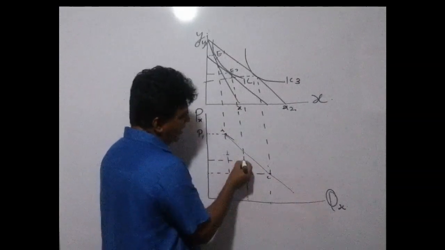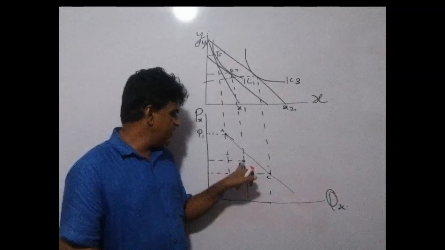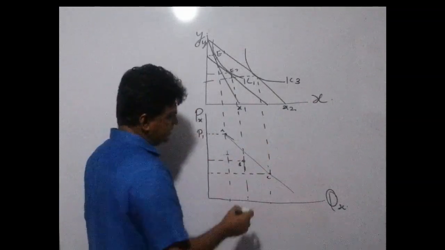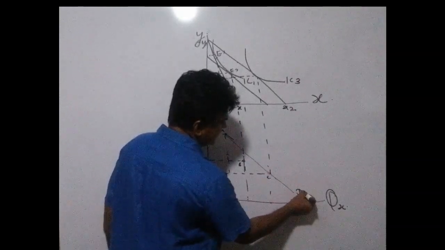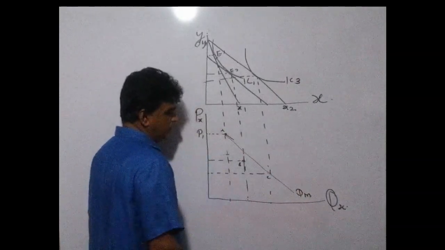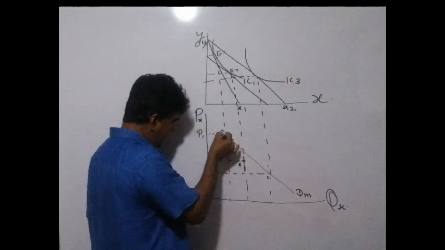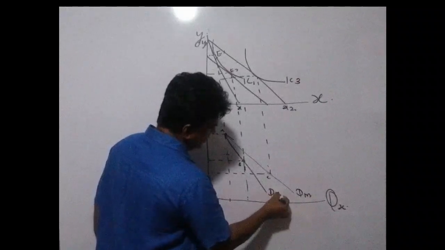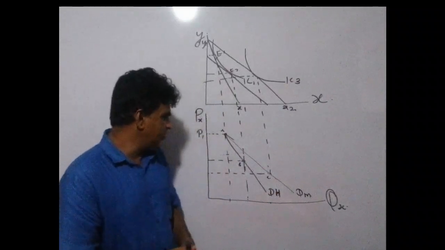In the Marshallian demand curve, point B is not available, it has been given up. That is not considered. I will say this is DM, the Marshallian demand curve, that's why I wrote it as DM. And this is DH. This is the Hicksian demand curve.